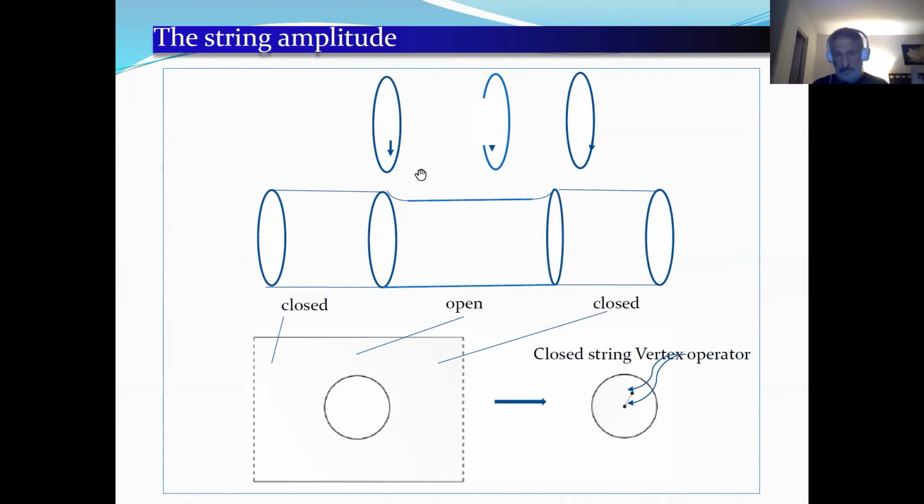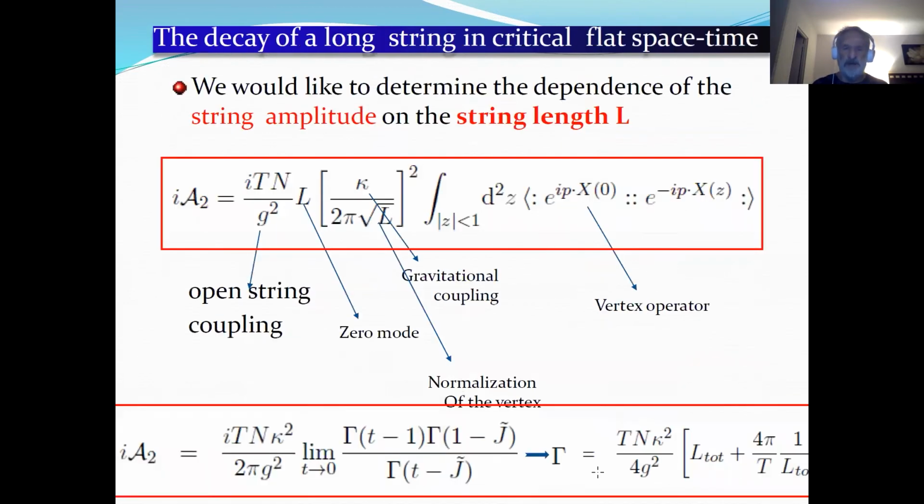So the whole calculation was transformed into a calculation of the disk with two closed string vertex operators. And our interest is how this amplitude, or the imaginary part of the amplitude, is related to the length. There are factors that come from the zero modes, from normalization, and so on.